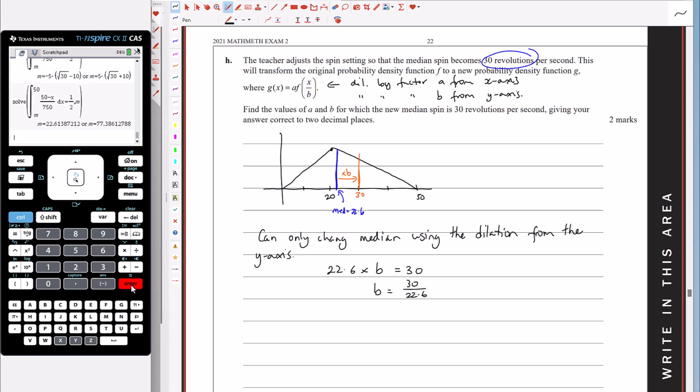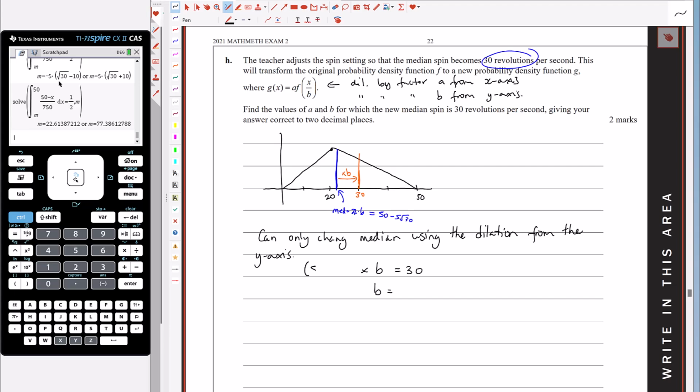Okay, so we want that first one, so the exact value of this was, sorry, I've lost track of it. So 50 minus 5 root 30. Okay, so let's use the exact number there.